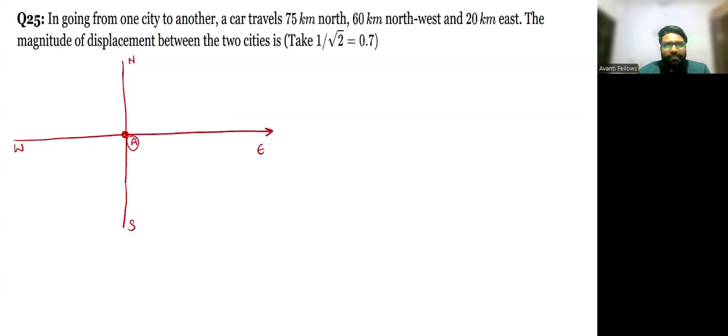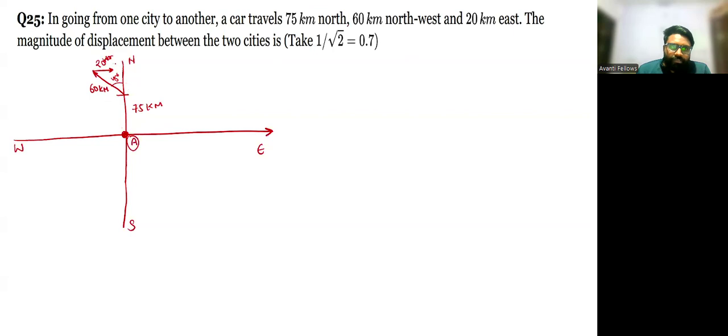Okay, it is moving towards north. First of all, 75 km north, let's say here 75 km. Then it moves in the northwest direction, which means at 45°, 60 km, and after that it moves in the direction of east, here 20 km.